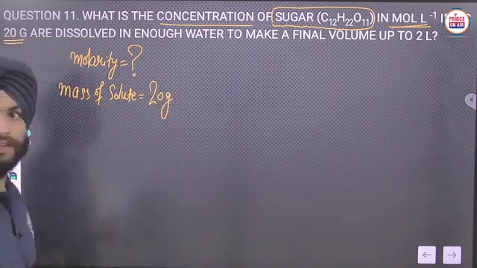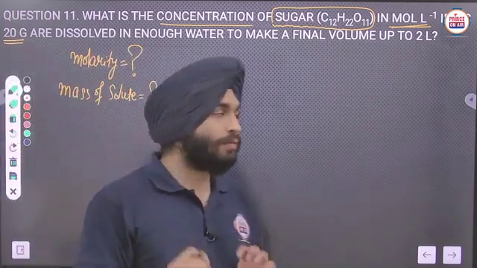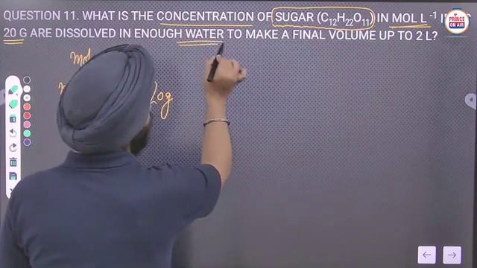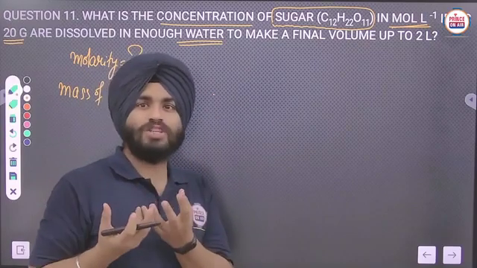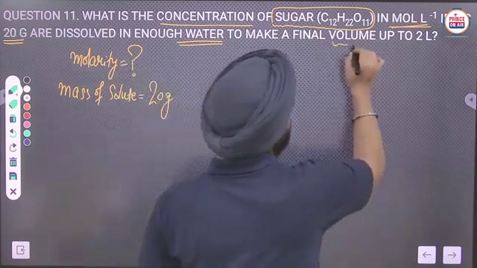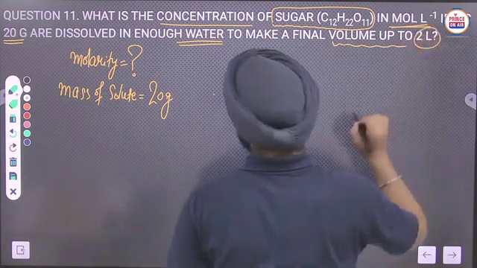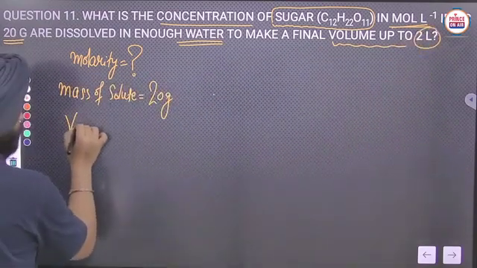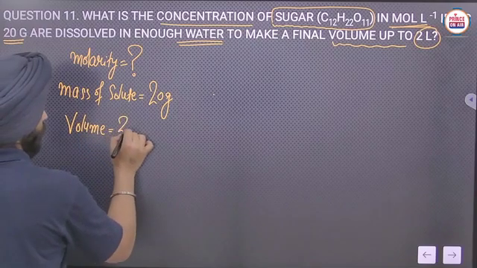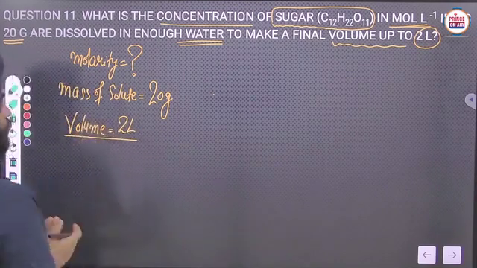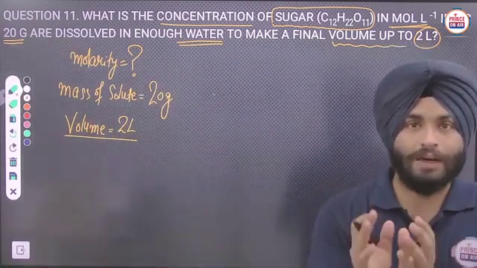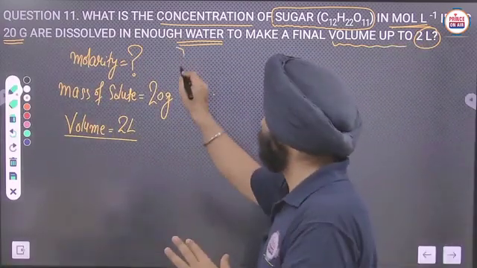Then, it is dissolved in enough water. Enough water means that much amount of water we are using here to make the final volume up to 2 liter. So volume is also given to you. I have given you the hint of which terms are given to you.